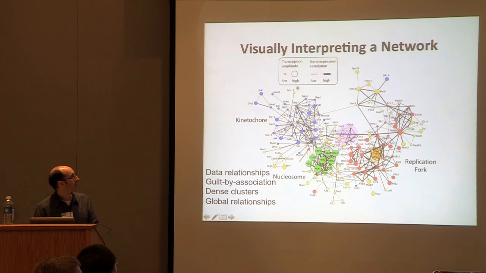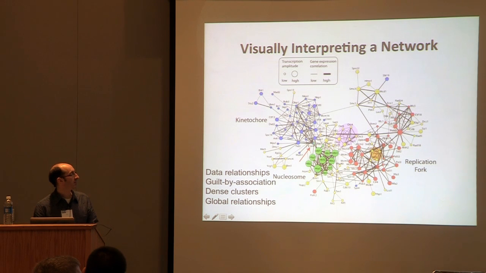Okay, so what are things to look for when you're confronted with a network like this? This is a protein interaction network, but there are a few general points that you can look for in any network that you ever see. So one is obviously data relationships. We see relationships between nodes. It's much clearer here than in other ways of visualizing the data.